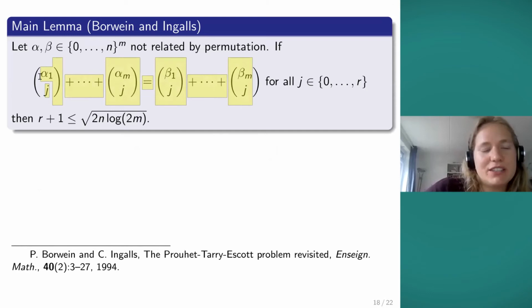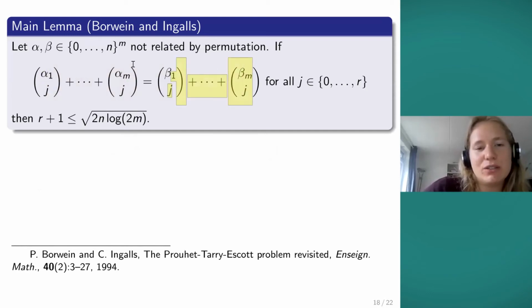One way to get this is if we took beta to be the same as alpha, or we just take some kind of permutation of alpha. But what the result tells us is that if they're not a permutation of each other, then knowing these kinds of sums allows us to get back the sequence of integers. And how many of these moments do we need to be equal? Well, at most, some number that depends on our entries.